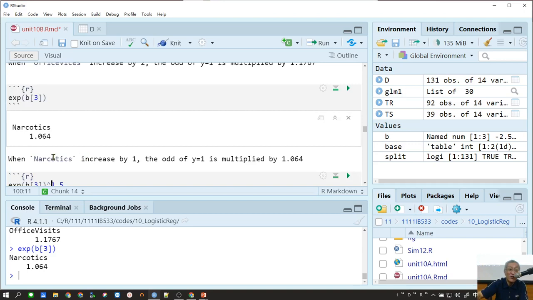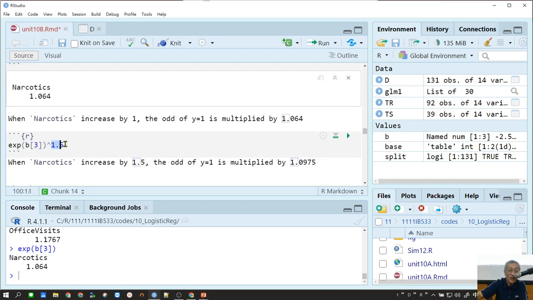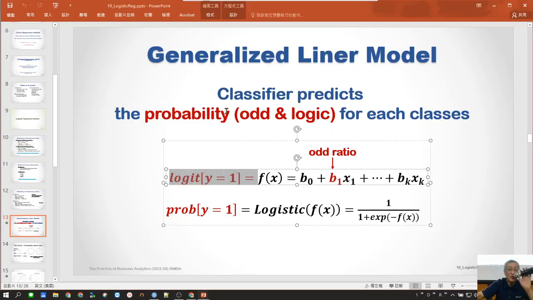So the value of x is here, okay? And this is the coefficient, right? You basically need to use this type of transformation to interpret the marginal effect of a predicting variable on the odds of y equal to 1. See that? Okay. That's what I express here.